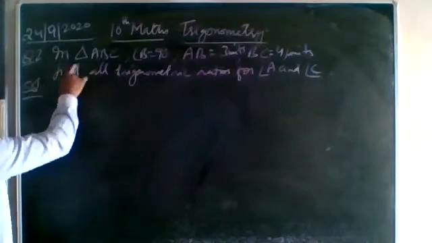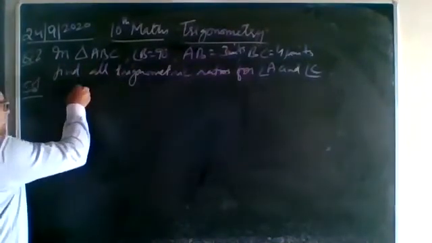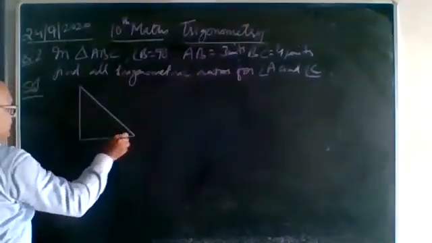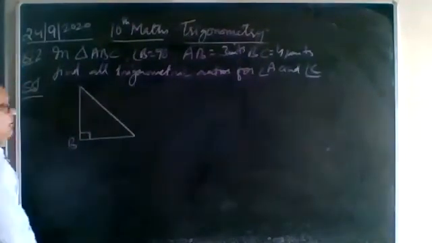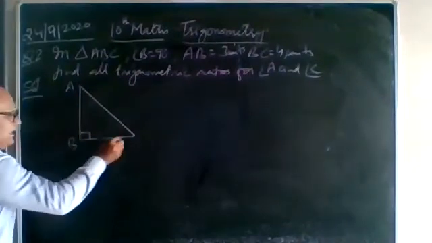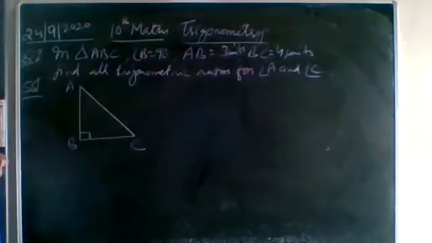So in triangle ABC, angle B is 90 degrees. You will make this figure. This is 90 degrees. B is fixed because B is 90 degrees.